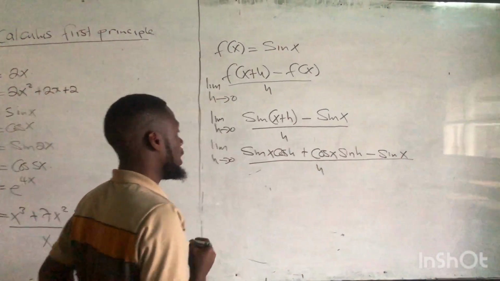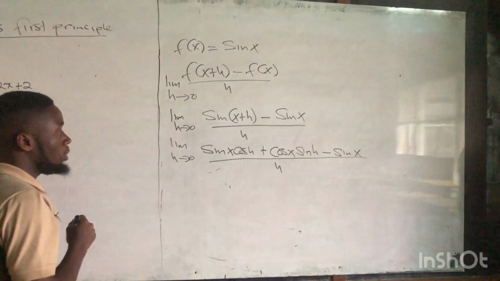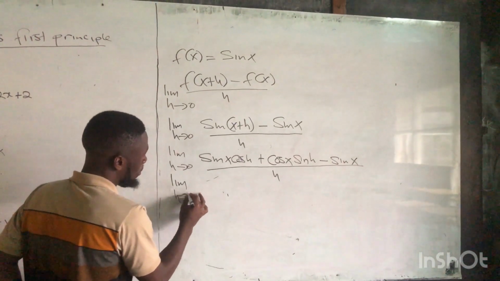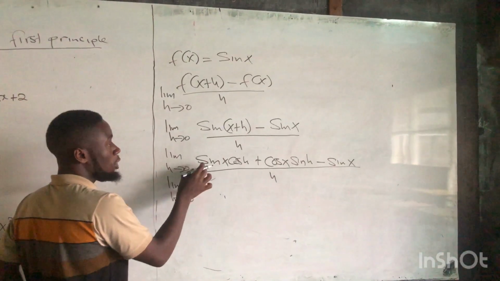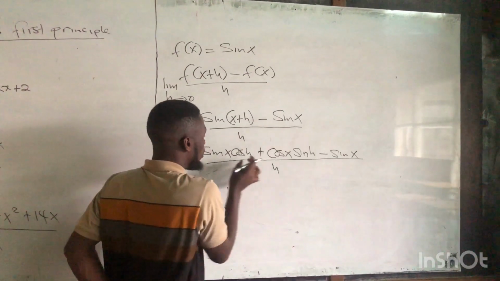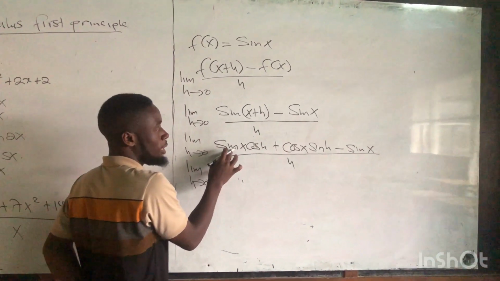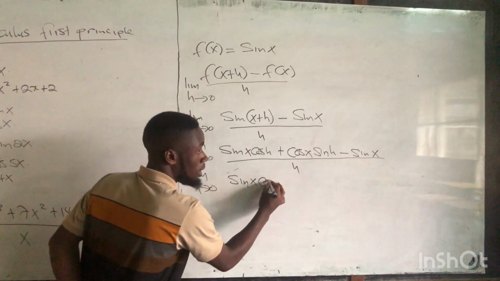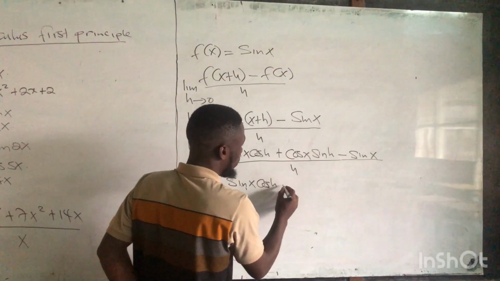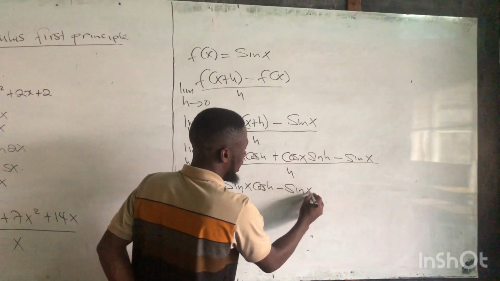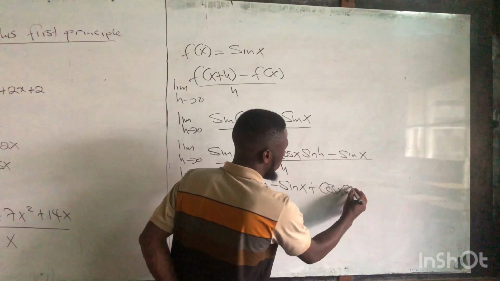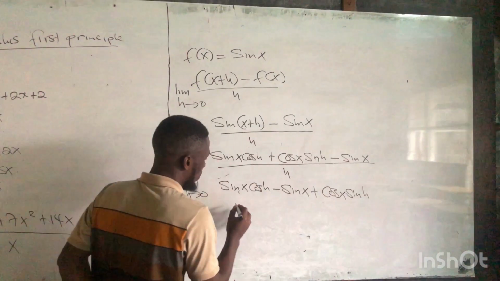So what do we do next? Limit as h is approaching 0. The next thing you do, you bring this one with sine closer to this one which starts with sine. So let's say sine x cos h, then you bring this one, so it will be sine x cos h plus cos x sine h over h.